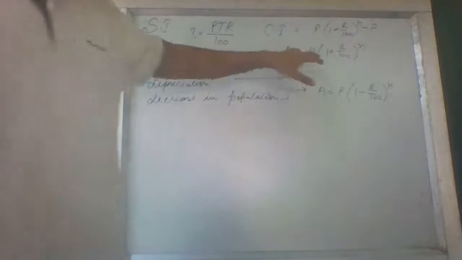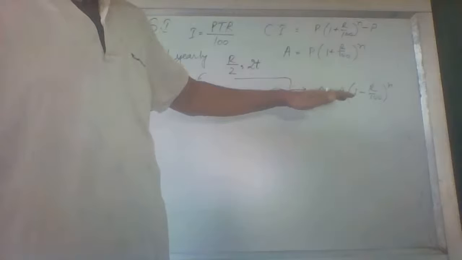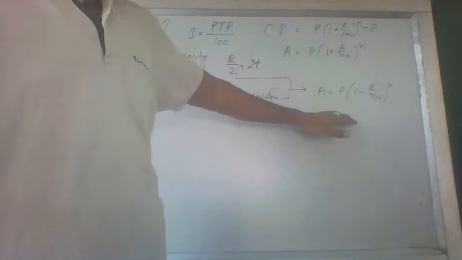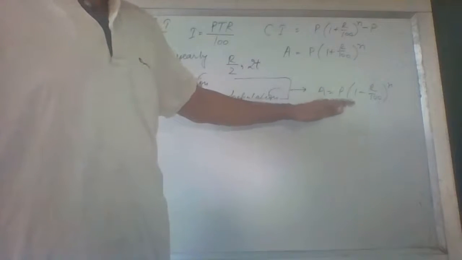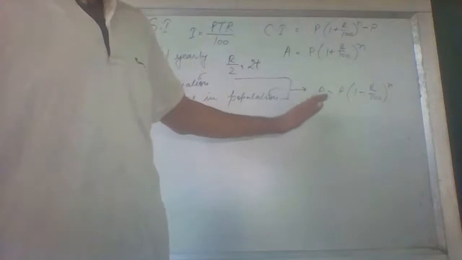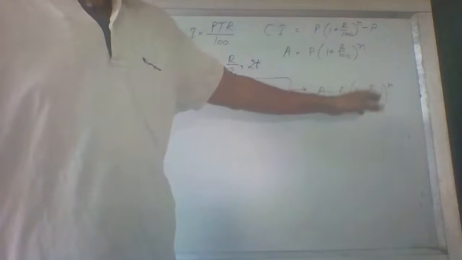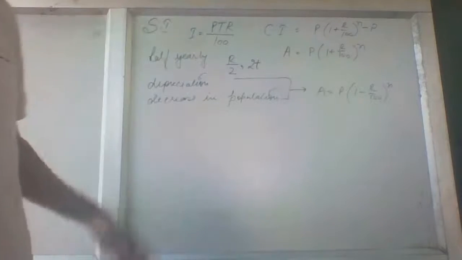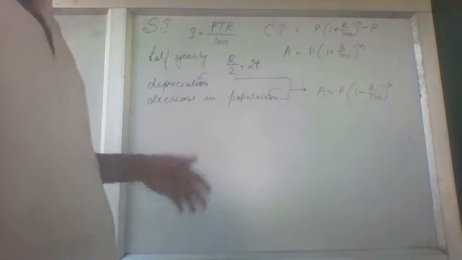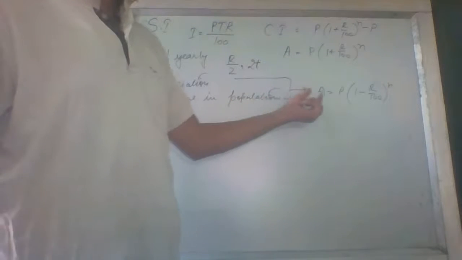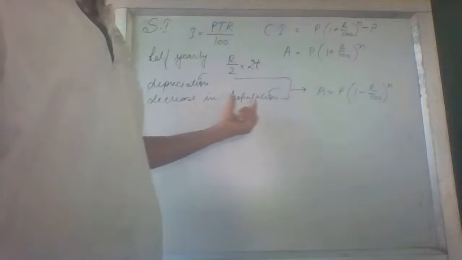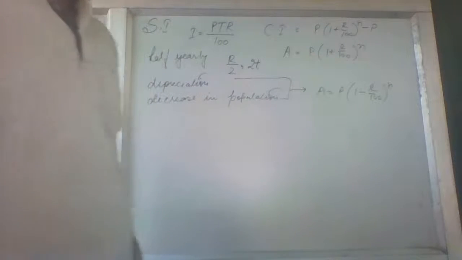As the formula was 1 plus R upon 100, here in the case of depreciation, as the value decreases with time, the formula will convert to amount is equal to principal 1 minus R upon 100 to the power n. Here one question may arise, that if it is population, how is amount or principal possible?